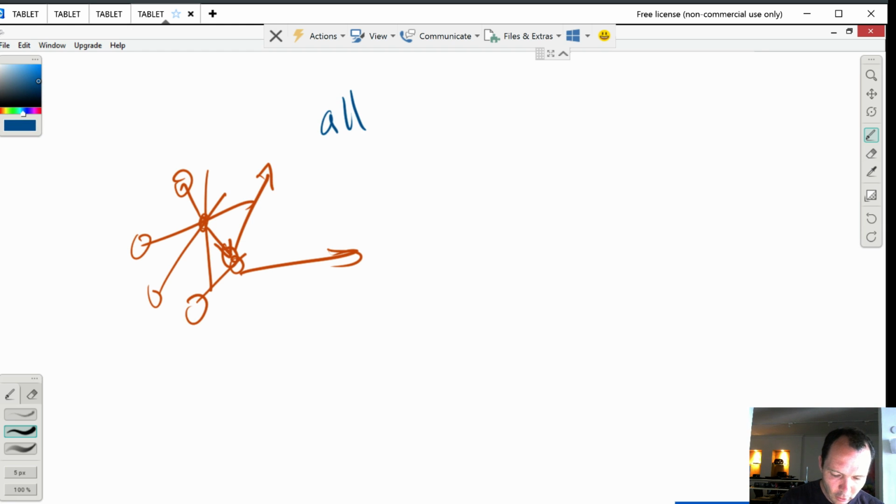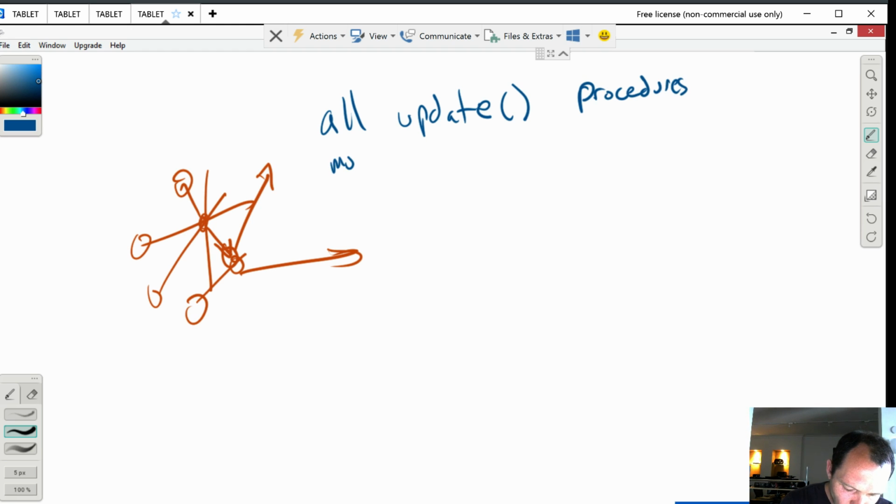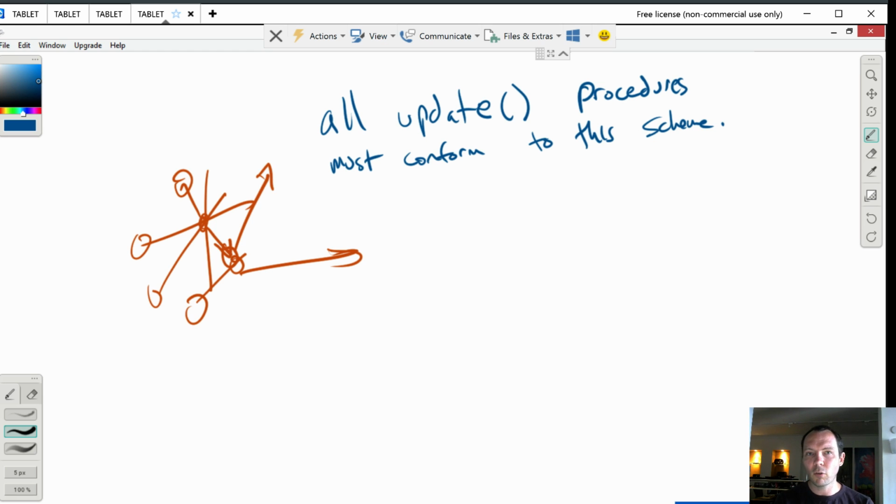So all update procedures, they're not usually functions, must, if you want to do this, conform to the scheme, right? And that makes them more complicated, because the code I just wrote a second ago about the cannon firing was the most straightforward, I just want to fire stuff. Now you're not allowed to fire stuff. Now you have to split your update function in two.